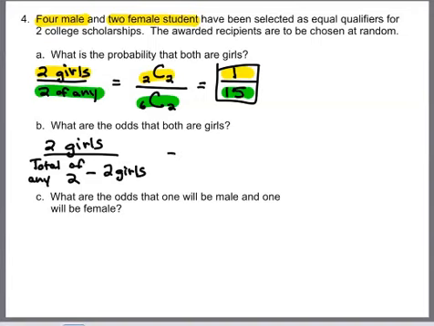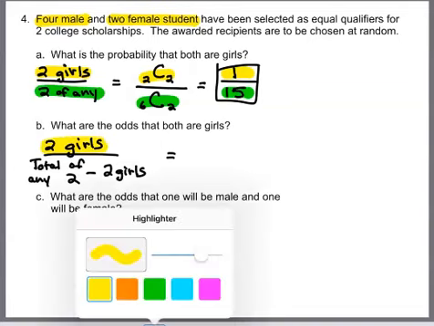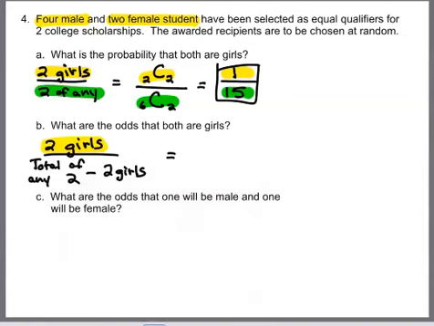So again, if we're thinking of it as successes to failures, the successes are two girls. The failures are not two girls. So how many ways can it come up not two girls? Well, all the other ways minus all the ways it can come up two girls.